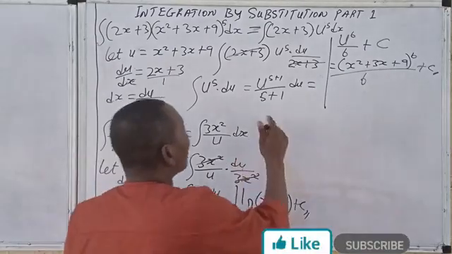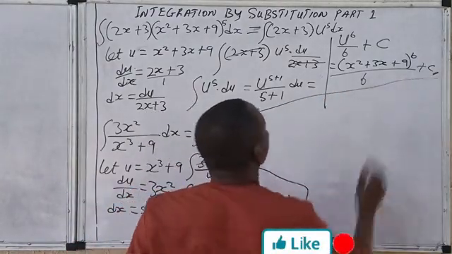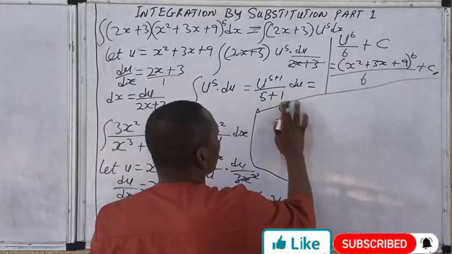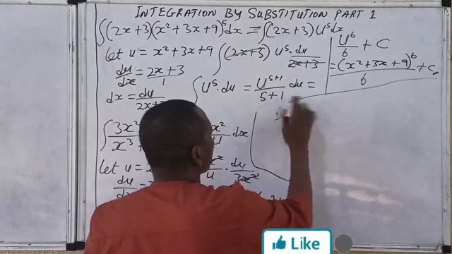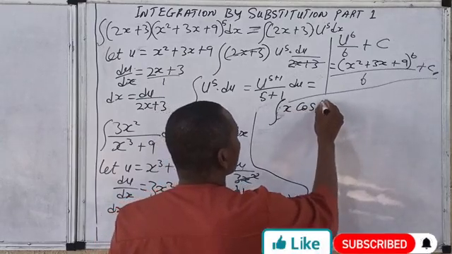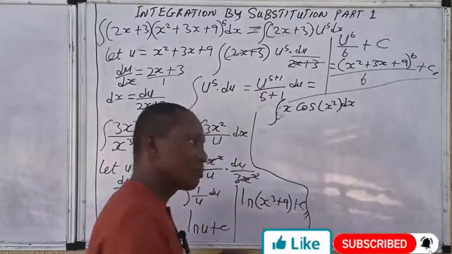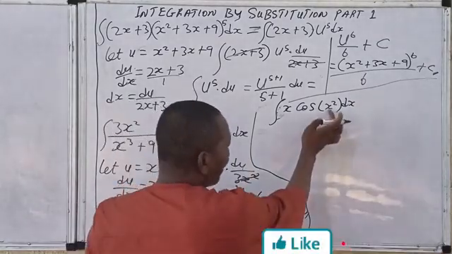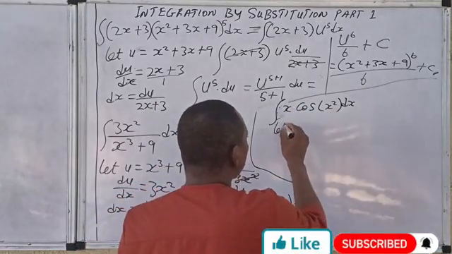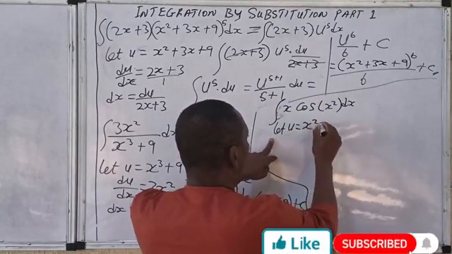Let's assume that you are even asked to integrate x cos x² dx. I know that if I differentiate this, I'll have something like this. I'll just say let u equal x².